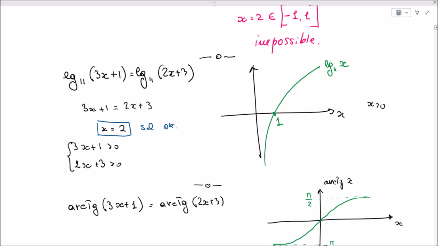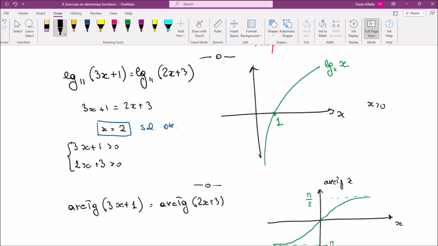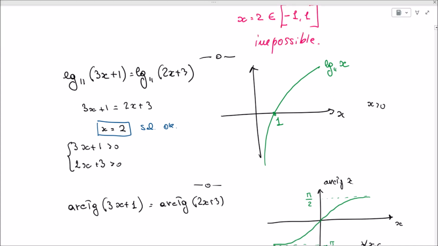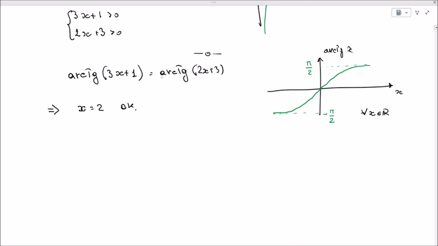So in this case we have a strictly increasing function defined for every x, into the real numbers. So in this case we can just get rid immediately of the arctangent, because we know that the function is strictly increasing, therefore it is injective, so we can immediately say that x equal to 2 is going to be a solution.